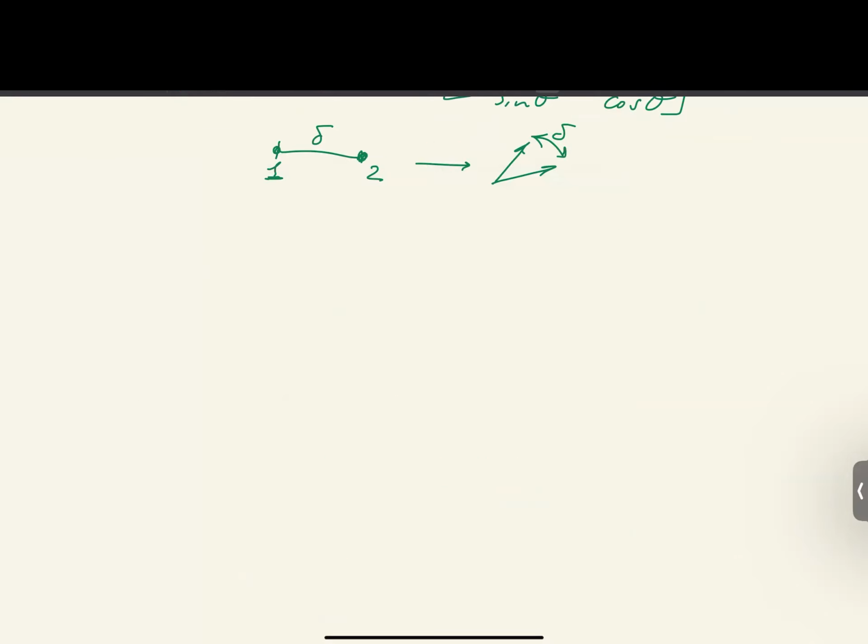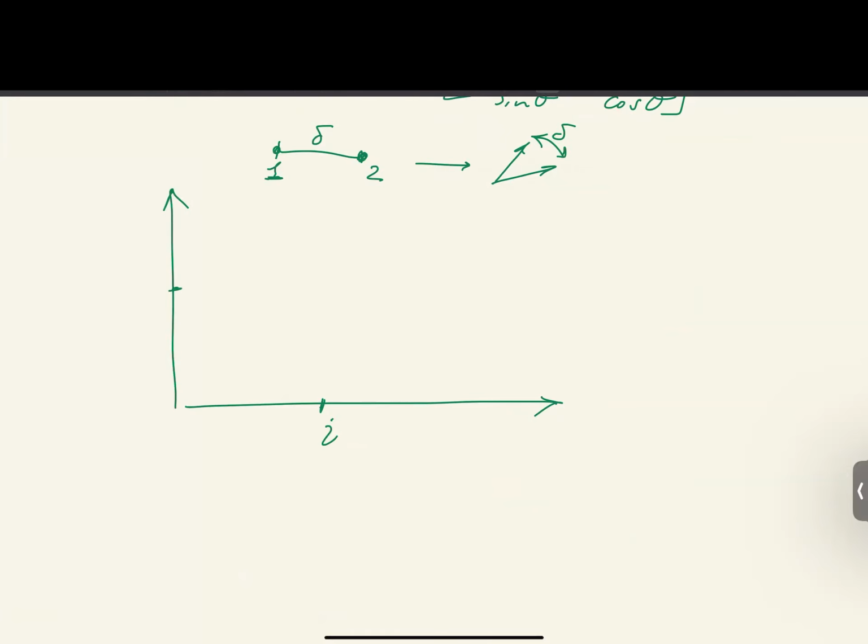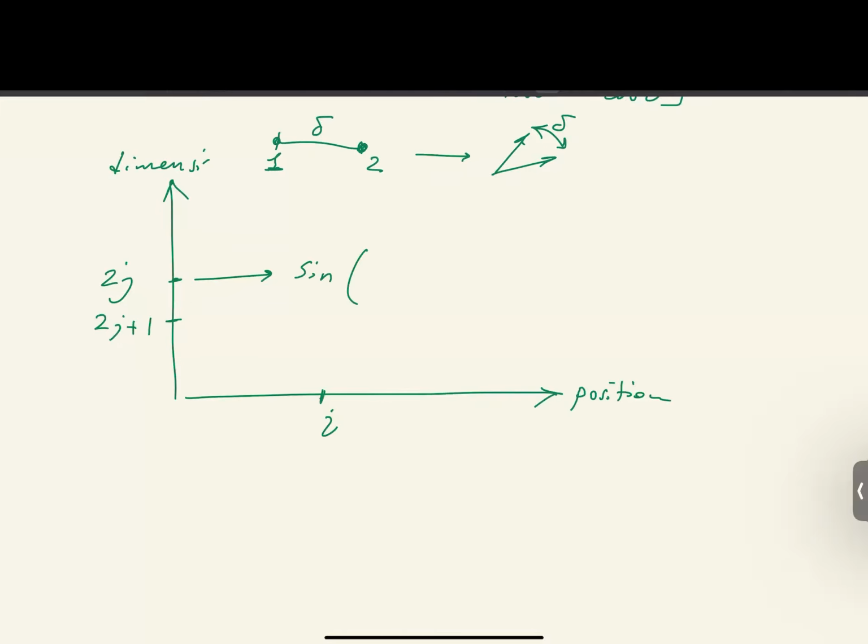Okay, so with this, let's build the complete formula. For position i and dimension j, we are asking for a sine or a cosine, depending on whether it's an even dimension or an odd dimension, so 2j or 2j plus 1. The formula for the even one is a sine of position i, with these frequencies.